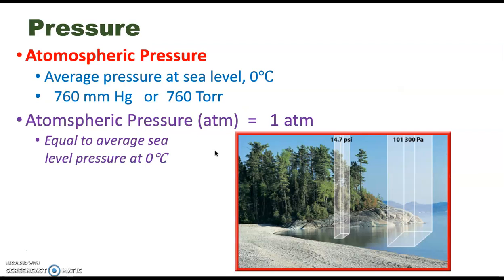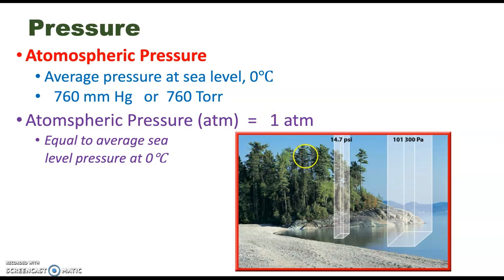So that gets us to atmospheric pressure. That's the pressure of the gas pushing down on you, which is surprisingly large, though you don't think about it. So the average pressure at sea level at 0 degrees Celsius is 760 millimeters of mercury, or 760 torr. We also call that 1 atmosphere of pressure, which makes sense, right? We have 1 atmosphere above us. That's our Earth's atmosphere.